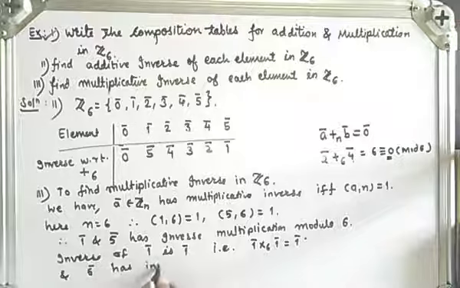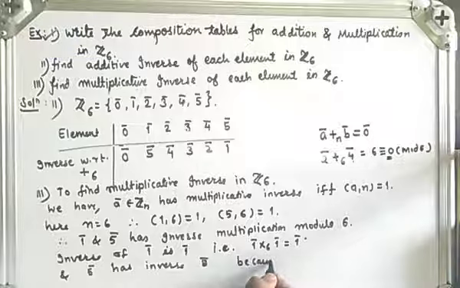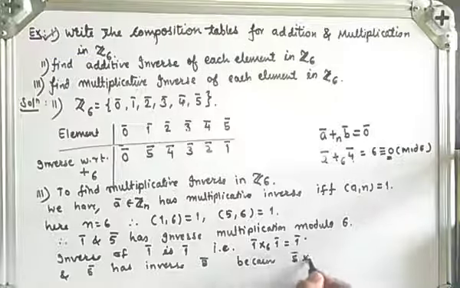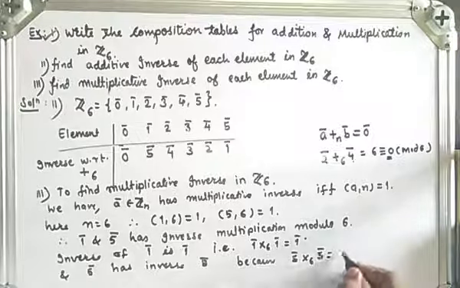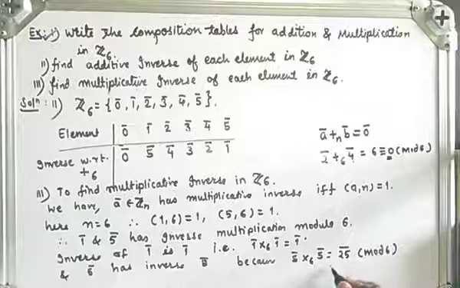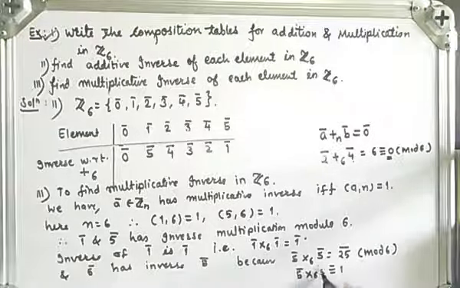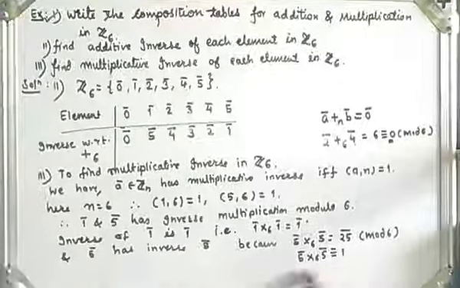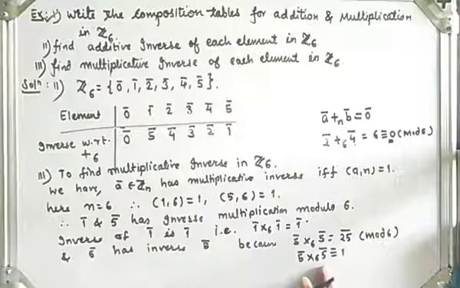And 5 bar has inverse 5 bar, because 5 bar multiplication modulo 6, 5 bar, which is nothing but 25 bar, and when divided by 6 in the modulo 6 operation we will finally get 1. Here 5 bar multiplication modulo 6, 5 bar is equal to 1, means 5 bar has inverse 5.